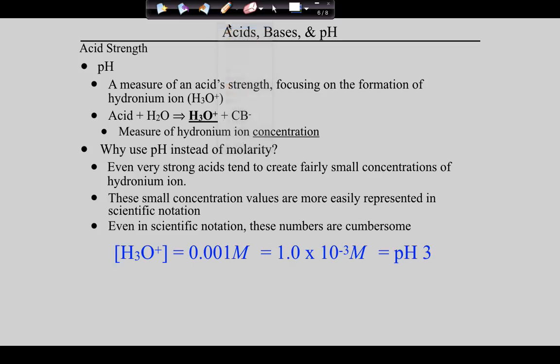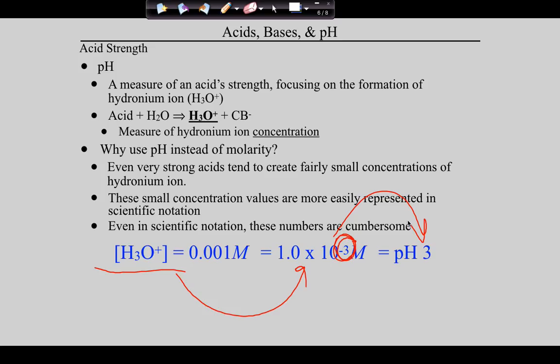It's right here. Guys, that's all pH is. pH is take the hydronium ion concentration, write it in scientific notation, grab the exponent from the number, and that's the pH.